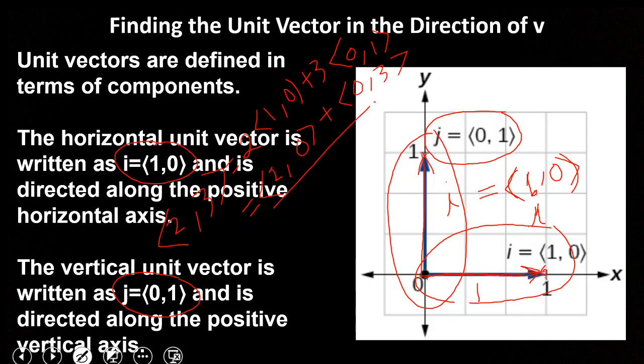Then when you add these two vectors, we get 2 plus 0 is 2, and 0 plus 3 is 3. You get the same vector. But this way, we can write this vector as 2i plus 3j. It's easier if you write them that way.